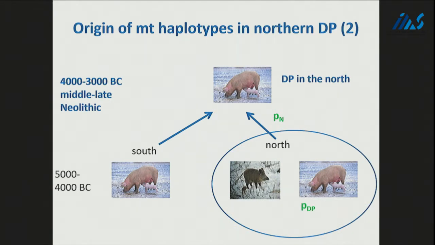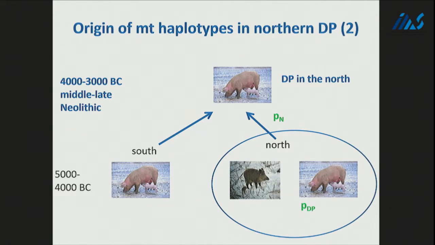Then we looked at the next time slice, so to speak. Here we looked at the middle to late Neolithic period in northern Germany. And again, there were two scenarios. The haplotypes derived from the south, from domestic animals from the south, or from the north. But in the north, it's a bit more complicated now, because at that time they had already their own domestic pigs and the wild ones.